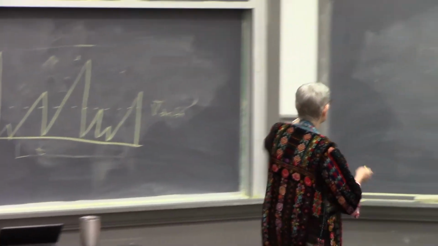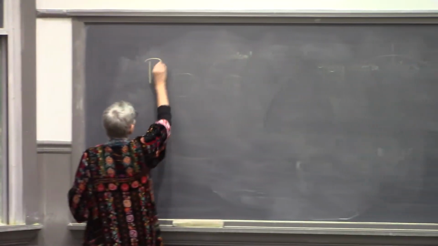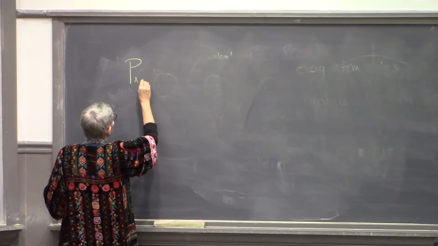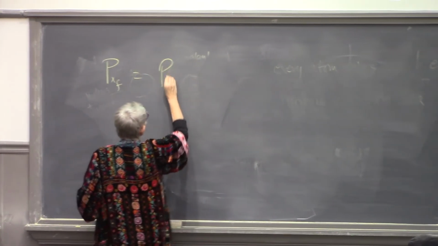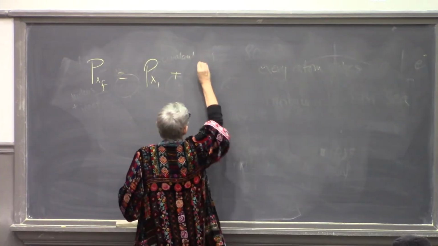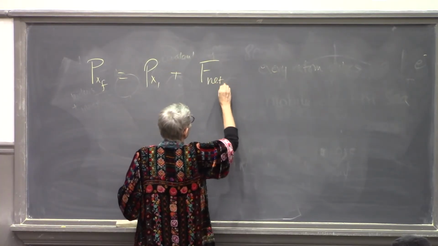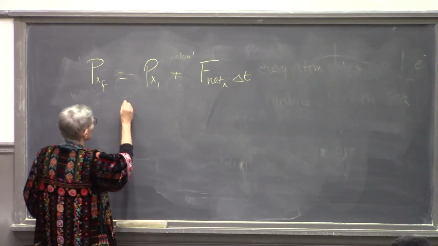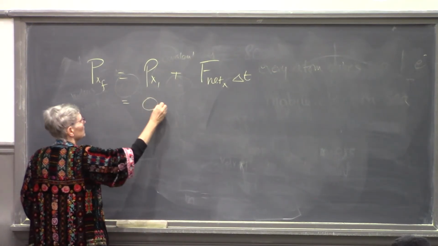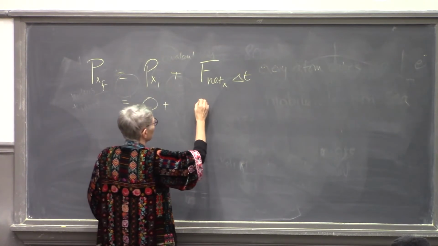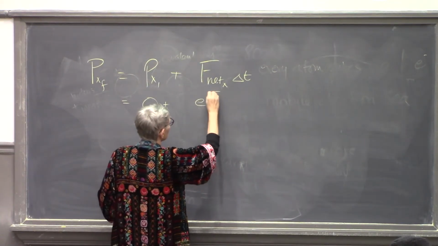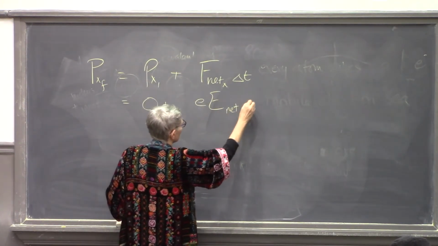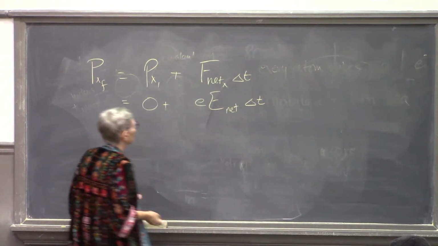So we say, thinking in one dimension, px final is px initial plus F net x delta t. We're starting from rest. And what's this? Well, this is the charge on the electron times E net delta t.